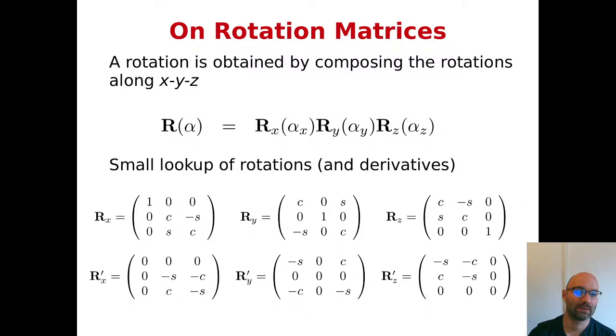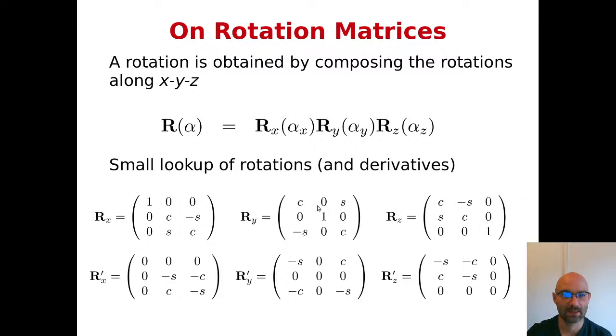So a rotation matrix R of alpha, where alpha is a triplet alpha x, alpha y, and alpha z, is obtained by using this formulation: Rx of alpha x, Ry of alpha y, and Rz of alpha z, where this is the rotation along the x-axis of alpha x, this is the rotation along the y-axis of alpha y, and this is the rotation along the z-axis of alpha z.